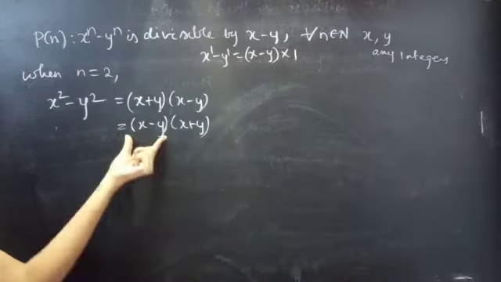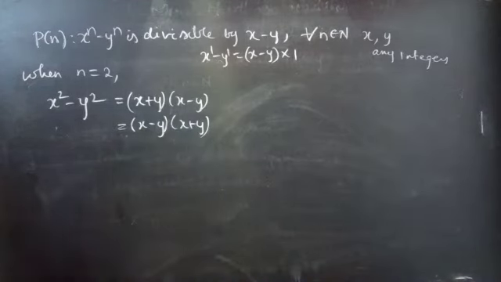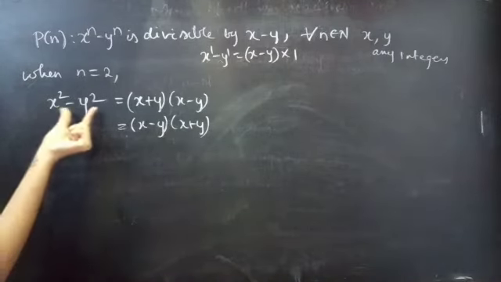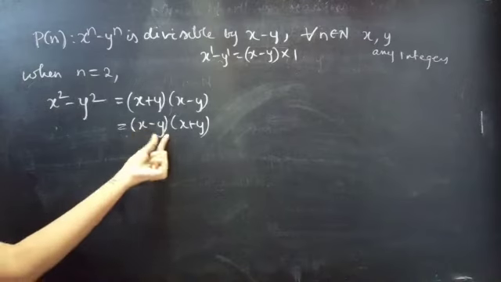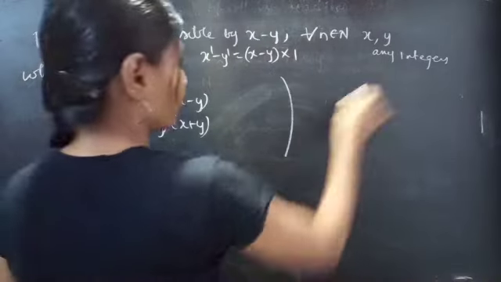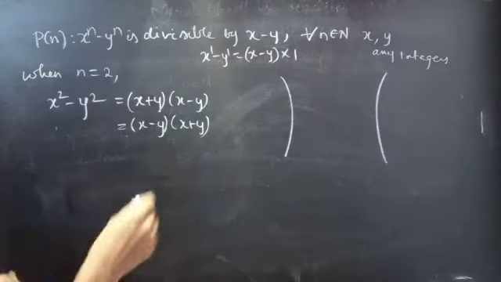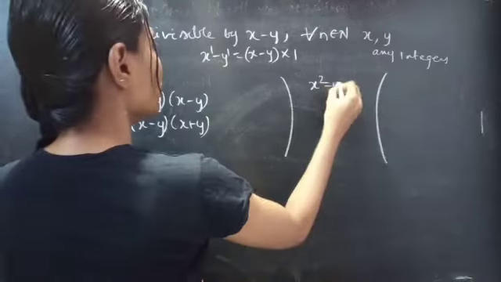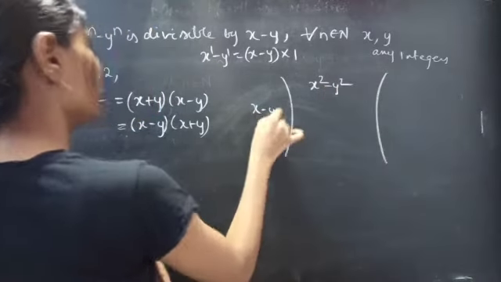Obviously it is a multiple of x minus y, right? Now we'll see x square minus y square is divisible by x minus y or not. Since x square minus y square is a multiple of x minus y, we can say that it is divisible by x minus y. But we'll see using division process, so that we won't get any confusion.